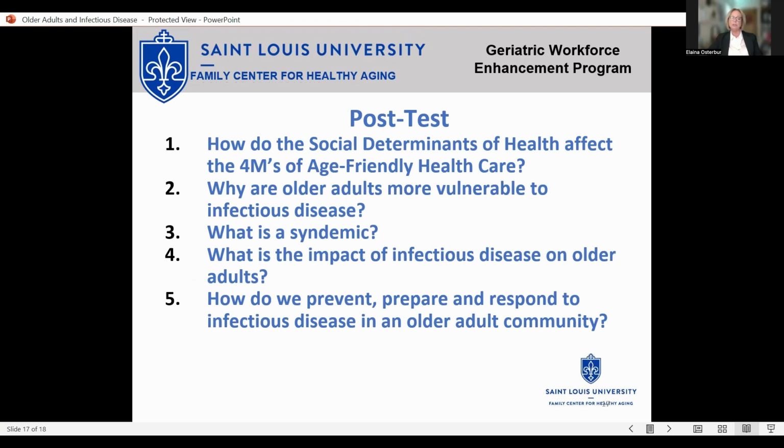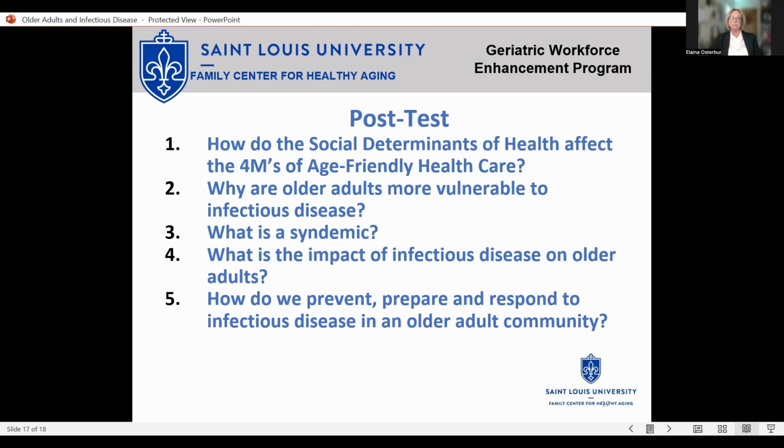Number one, how do the social determinants of health affect the 4Ms of age-friendly healthcare? Social determinants of health, such as income, education, housing, and access to care, significantly influence how effectively the 4Ms are addressed. What matters? Personal goals and care preferences may be shaped or limited by financial stress, cultural values, or housing insecurity.